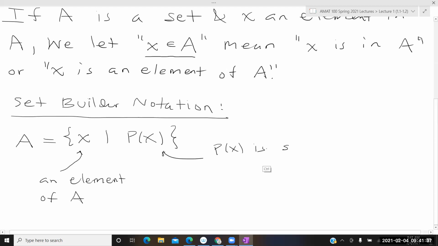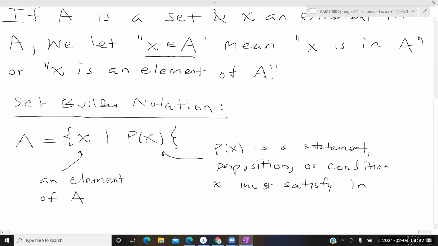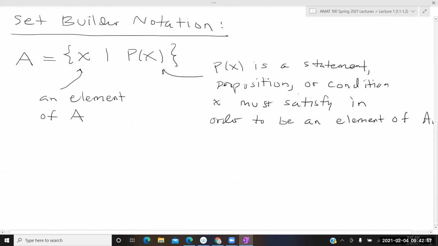P of X is a statement or proposition or condition X must satisfy in order to be an element of set A. So for example, P of X could be the statement X is red.